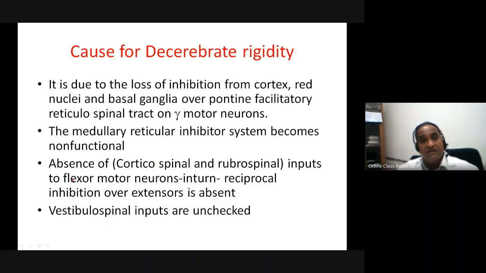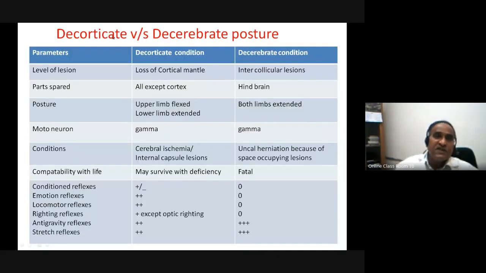And we have the absence of the corticospinal, rubrospinal inputs to the flexor muscles, in turn reciprocal inhibition on the extensor is absent. That again makes the facilitation, and the vestibular facilitation. These are the causes of the decerebrate rigidity. What are the differences between the decorticate and the decerebrate rigidity or posture?